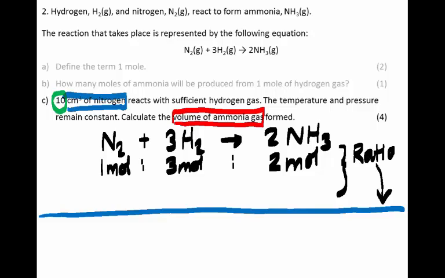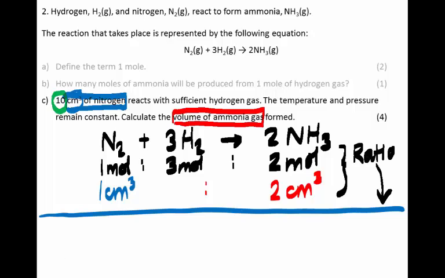Now in this case, centimeter cubed is given. So actually it's most convenient just to use centimeter cubed. 1 centimeter cubed of nitrogen will always produce 2 centimeter cubed of ammonia with this particular reaction, as long as temperature and pressure remain constant. It doesn't have to be at STP. So this is the volume reaction ratio.